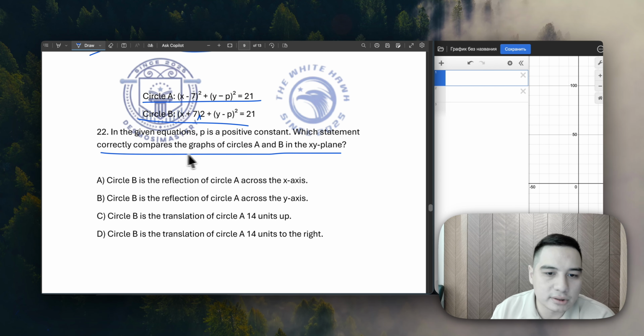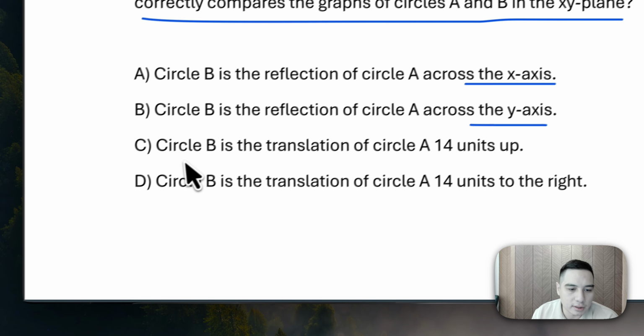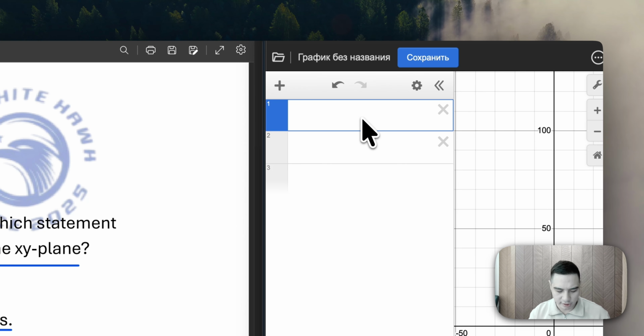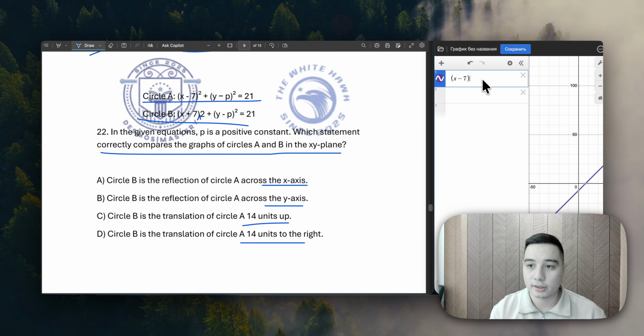Which statement correctly compares the graphs? Circle B is a reflection of circle A across the x-axis, or the y-axis, or B is a translation of some units up or to the right. Okay, let's check. We can just graph it in order to understand.